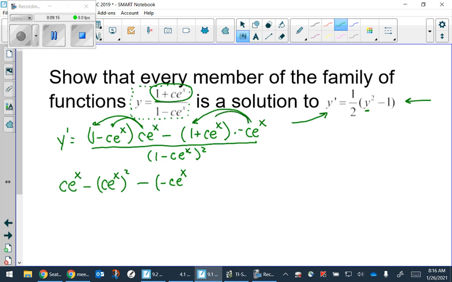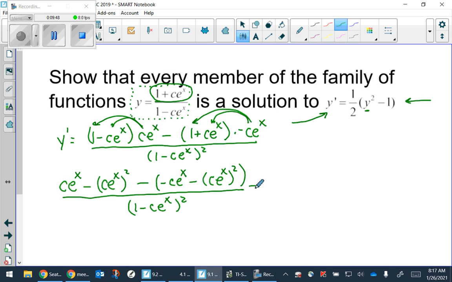And when I do this, I think I get minus parentheses C e to the x, that quantity has to be squared, and that is the entire thing that needs to be subtracted on top. And yeah, there's probably a little simplification that can happen. Over 1 minus C e to the x, being squared.